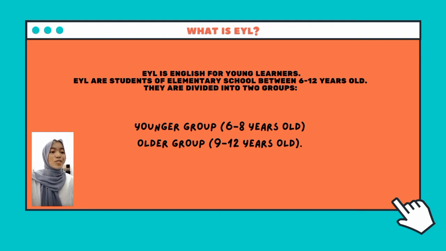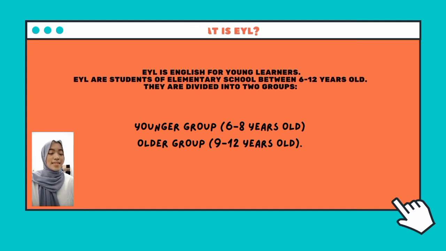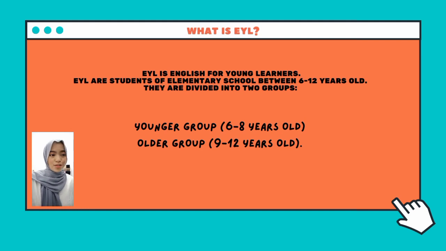So I will explain about EYL. EYL is English for Young Learners. EYL are students of elementary school between 6 and 12 years old. They are divided into two groups, the younger group 6 to 8 years old and the older group 9 to 12 years old.